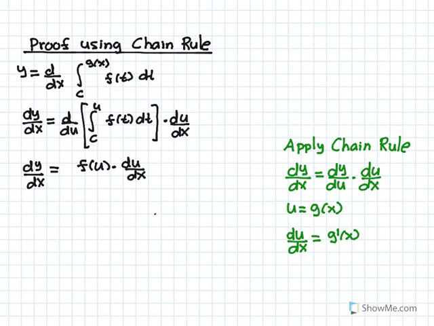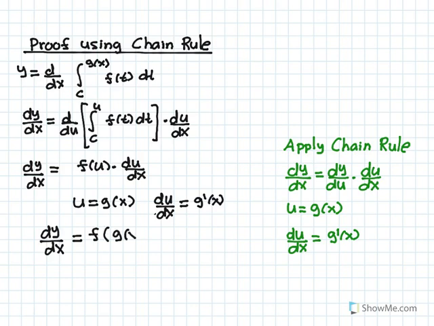But we know that u is equal to g of x. That's the upper limit, a function of x. And du/dx, the derivative of u with respect to x, is g prime of x. So let's rewrite: dy/dx is equal to f of u, and u is equal to g of x. Let's substitute that in, times du/dx, that's g prime of x.